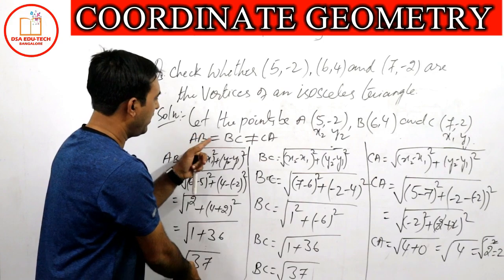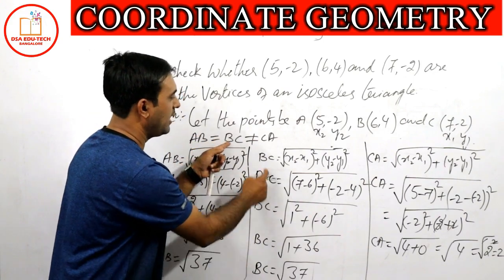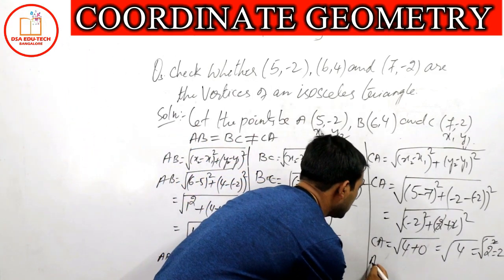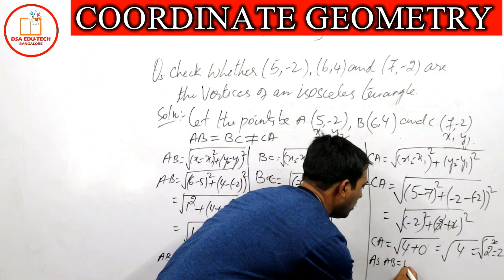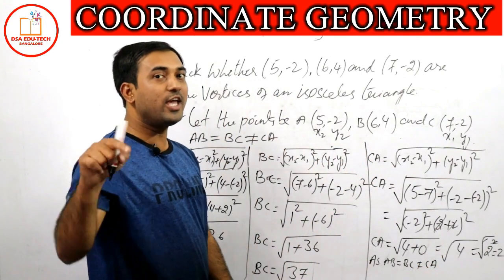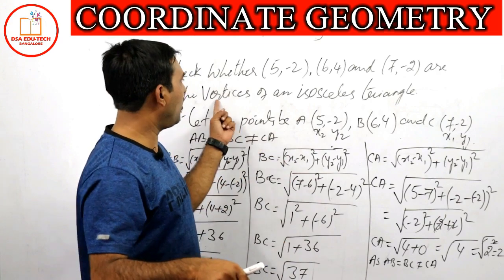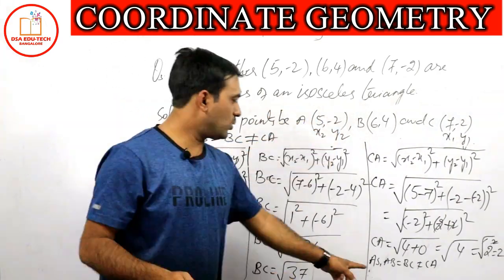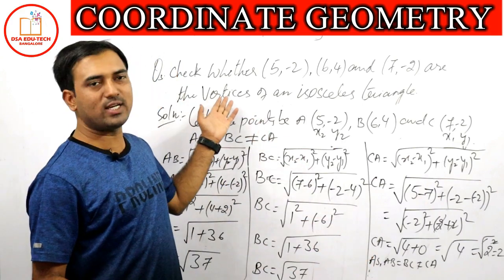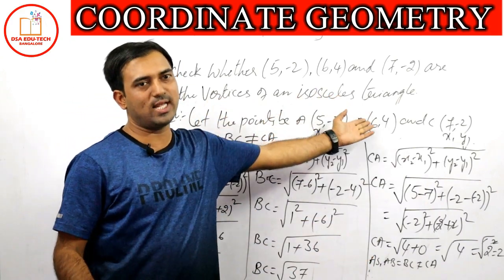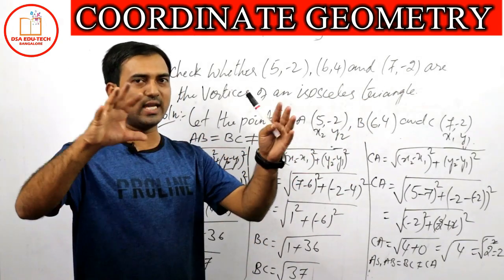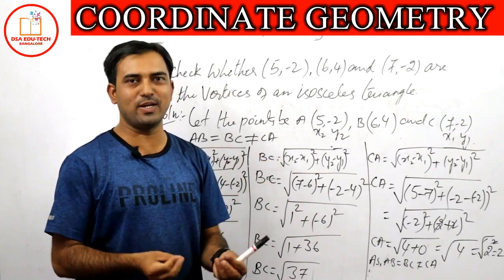AB is equal to BC, not equal to CA. As AB is equal to BC and that is not equal to CA, the given vertices are of an isosceles triangle. So I hope you people have understood. Now if I give you any points, you can find the distance between them easily, right?